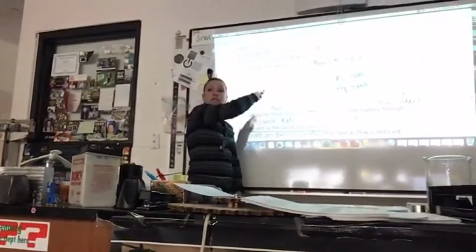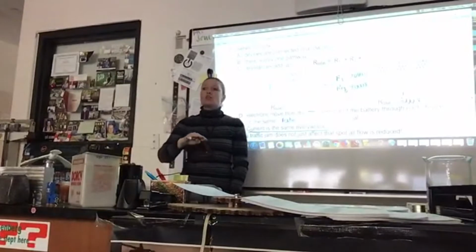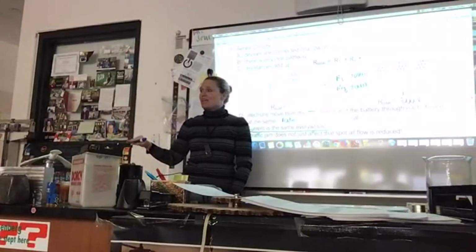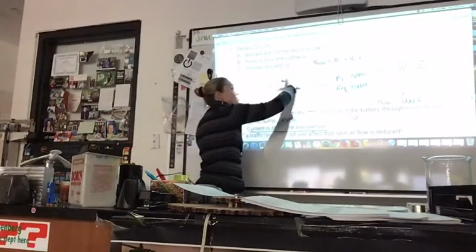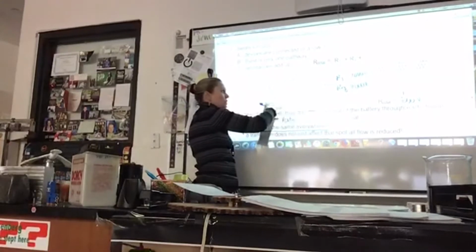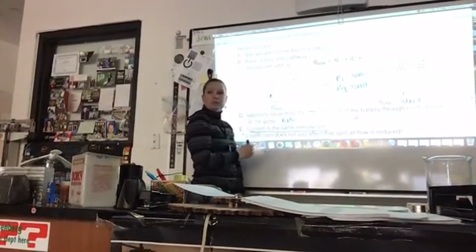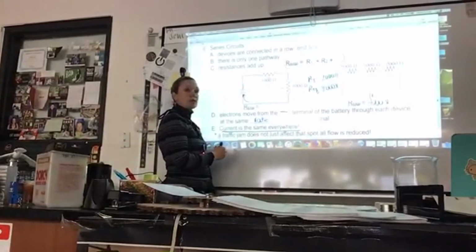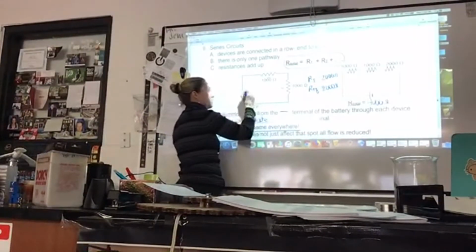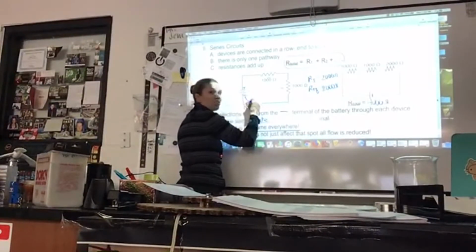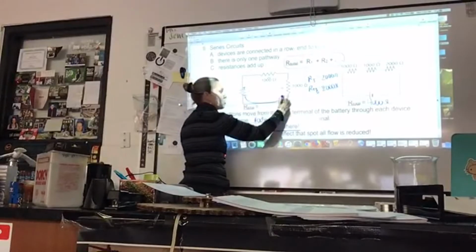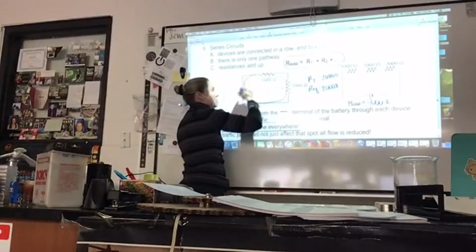The current leaving the battery, like the cars pulling out from Dexter High, if there's only one way to go, is the same as the current everywhere, and the current entering the battery on the other side. Negative to positive. This is official, this is electron flow. It's I.